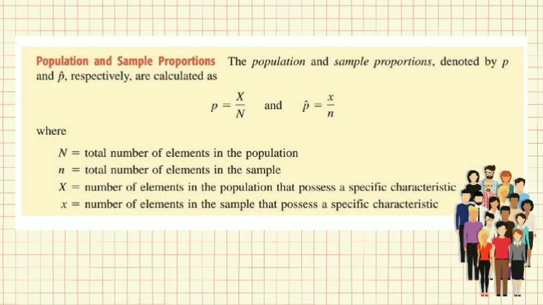Capital N is the total number of elements in the population, and small n is the total number of elements in the sample.